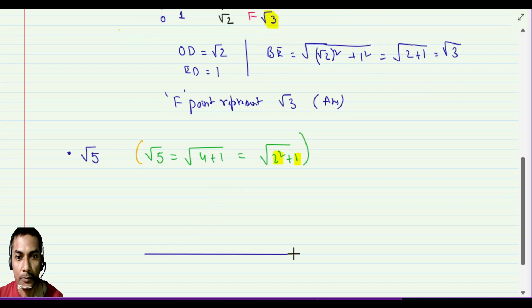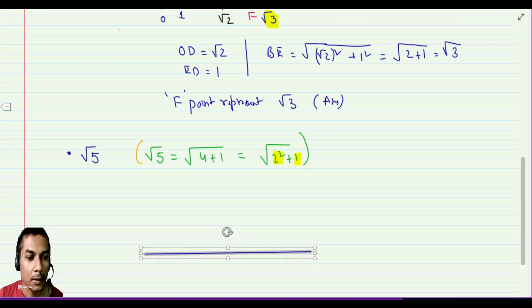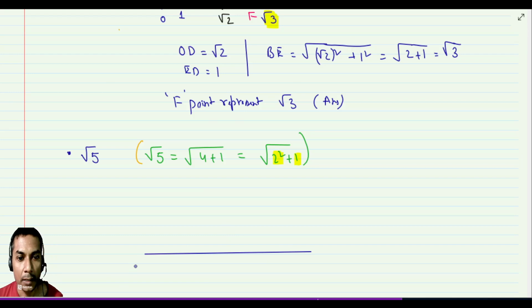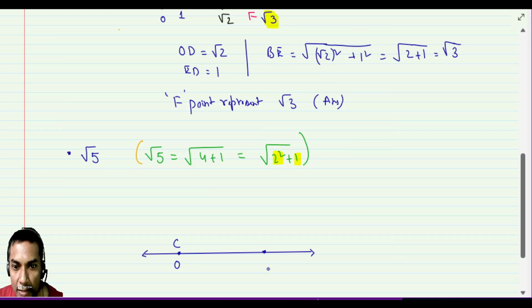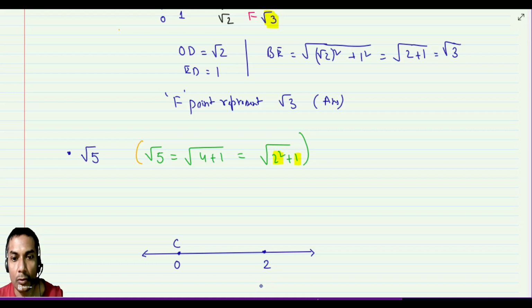Then we take one point here, O, the center as O. And we take the point at distance 2. Maybe you can draw it to scale, 2 centimeters, no problem.